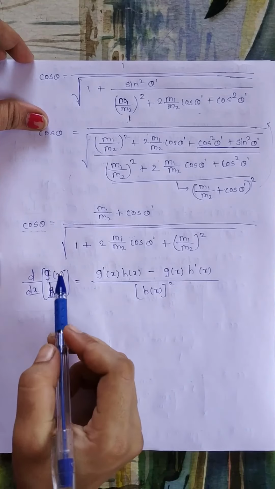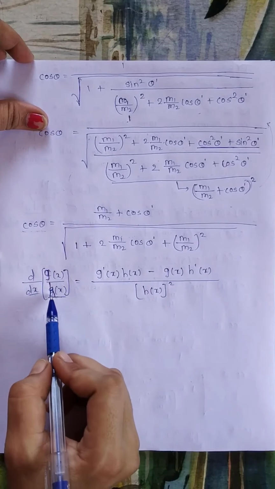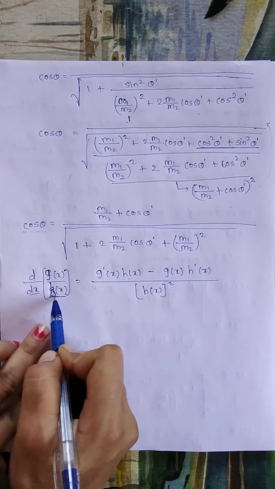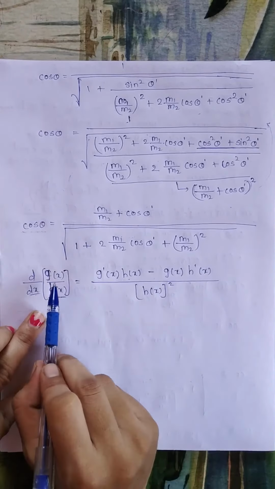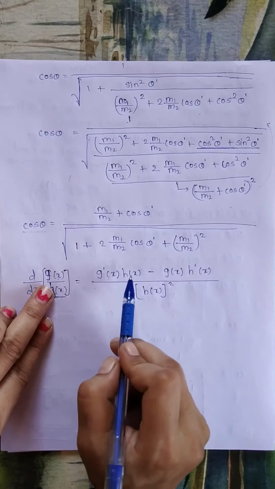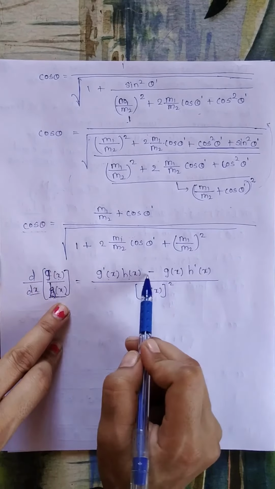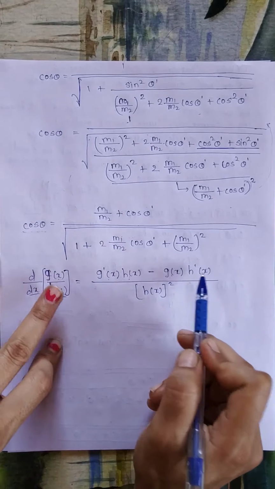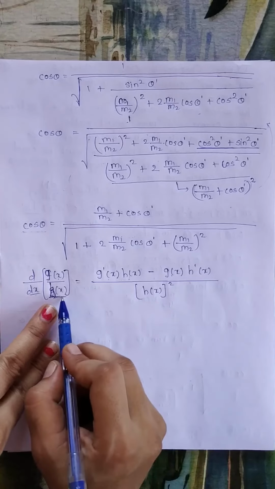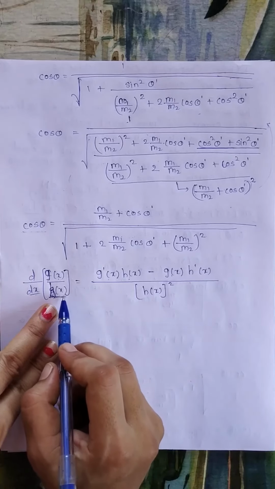Here there is a correction, first function is g of x and second is h of x. So the formula is, first we take the derivative of g of x into h of x minus g of x into the derivative of h of x, and on the denominator there is the square of the function h.